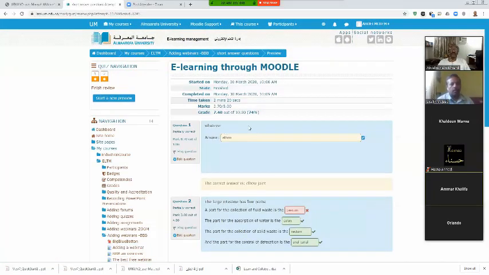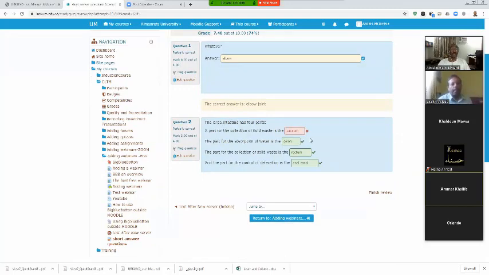Now, the correct answer is elbow joint, but it gave me a grade for that, but not the full grade. So we need to check that. And for the second one, the answer I wrote is without an A, and we need to deal with this type of issue. But the others are correct.